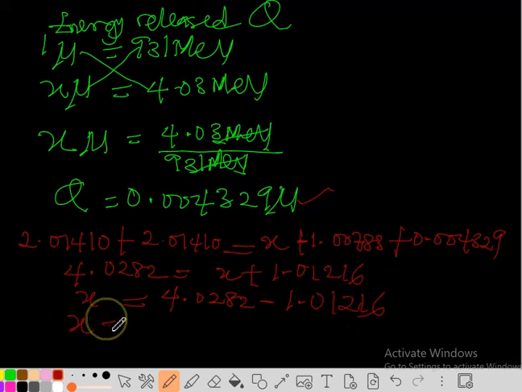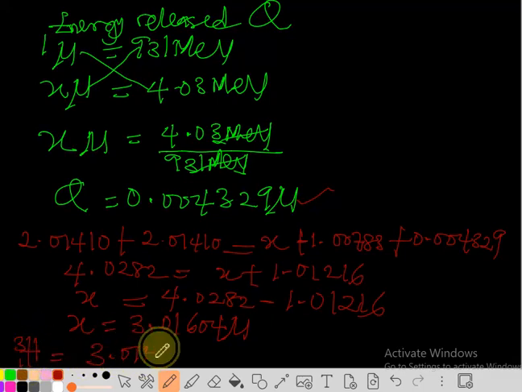That shows that X will now be 3.01604. That is the unified atomic mass unit for tritium, which is 3H1, 3.01604 in unified atomic mass unit, not mega electron volt again.